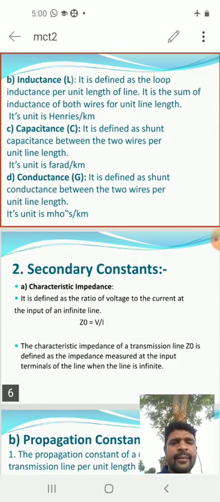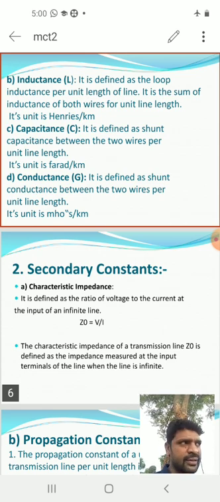Capacitance: it is defined as the shunt capacitance between the two wires per unit line length. Its units are farads per kilometer. Conductance: it is defined as the shunt conductance between the two wires per unit line length. Its units are mhos per kilometer.